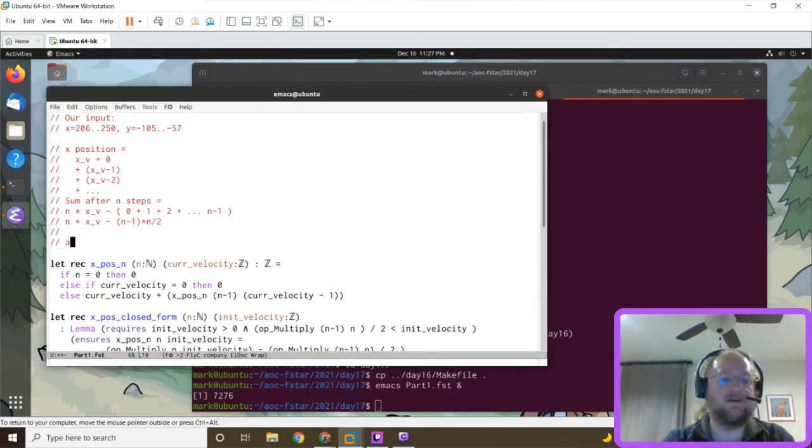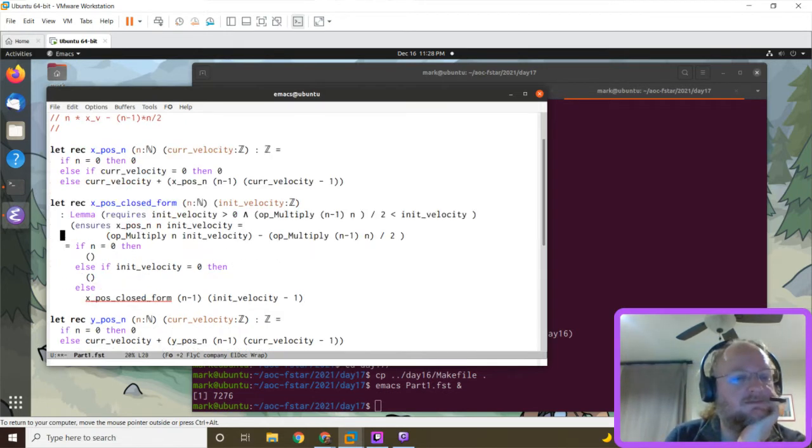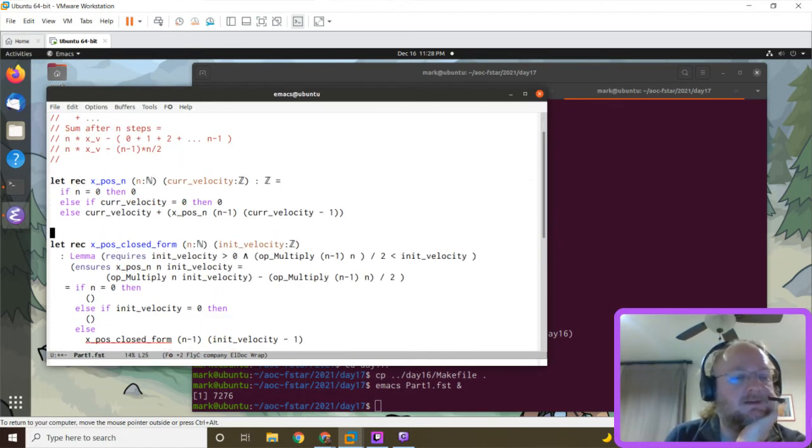Okay, so after velocity equals 0, then it's maybe it would be easier to write this as a function.